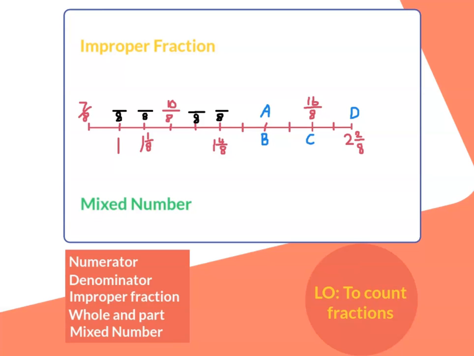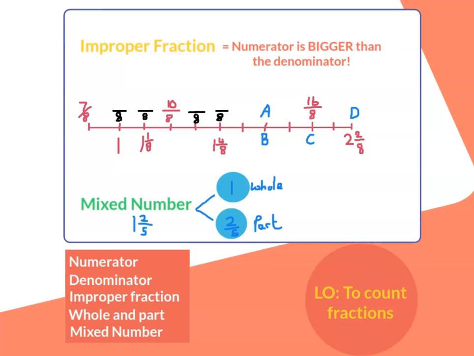That is simply your whole and part model. A mixed number is where you've got the whole and part fraction beside each other. So 1 whole and 2/5, 1 whole, and the part is 2/5. So your improper fraction and your mixed number are written differently, but they have the same value.